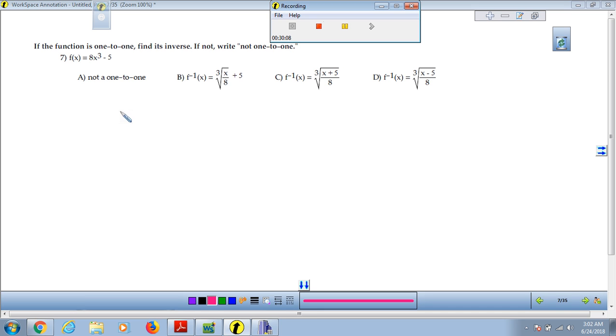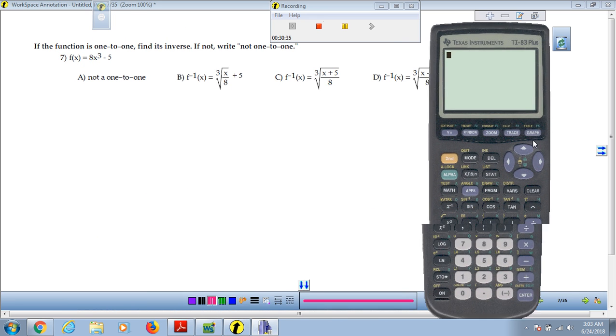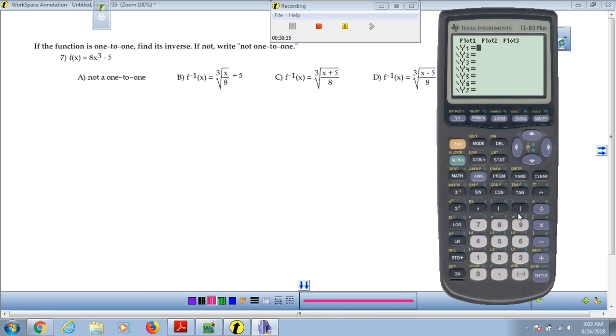Okay, so a function that is 1 to 1, if we were able to see the graph. I don't know if you recall this, but I showed you the shortcut way to see if it is a 1 to 1. So let me show you.